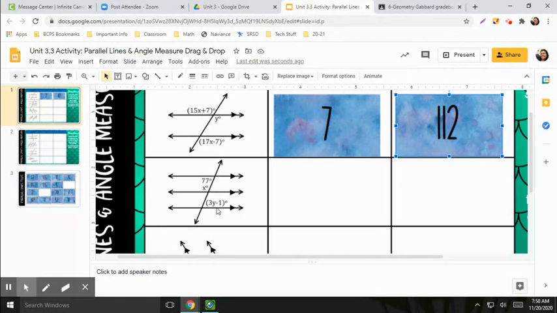So we know that if one acute angle is going to be 77 degrees, then all the acute angles are going to be 77 degrees. So we have our other little acute angle down here. So we can say 3y minus 1 is equal to 77 degrees.